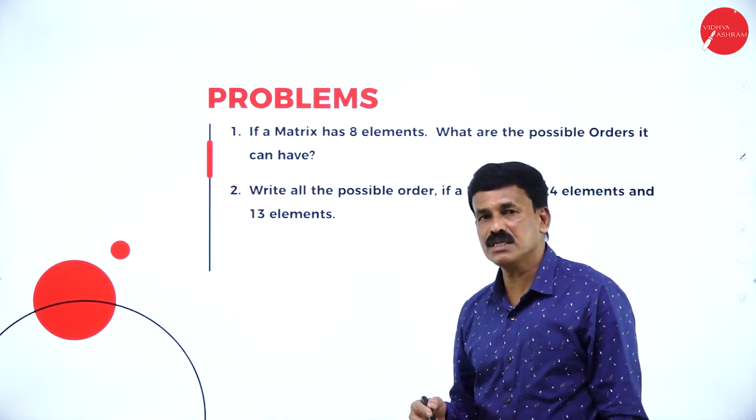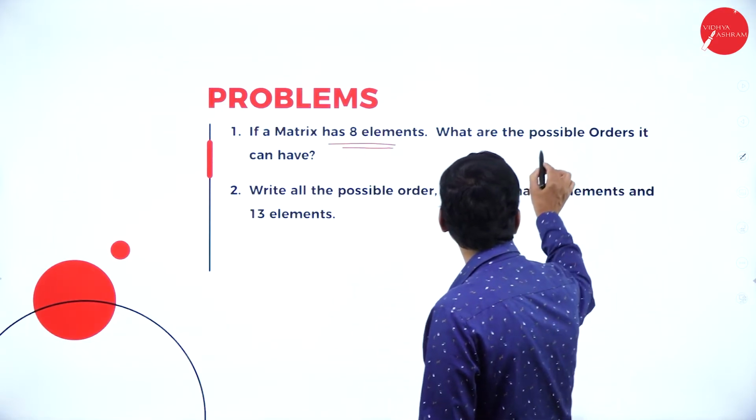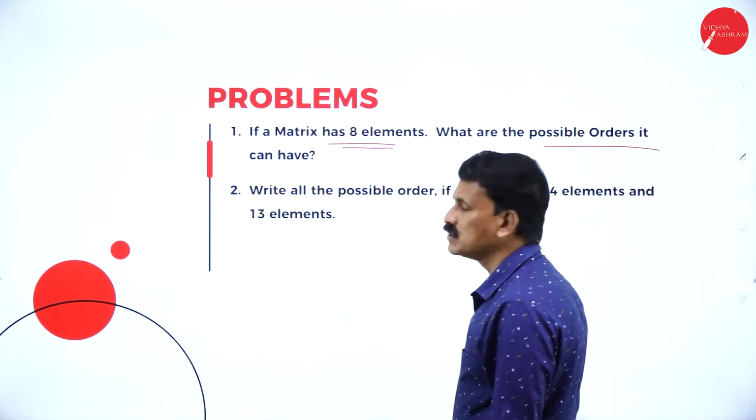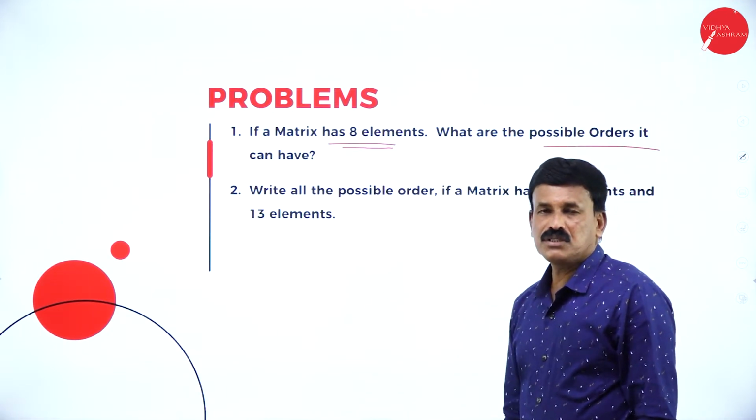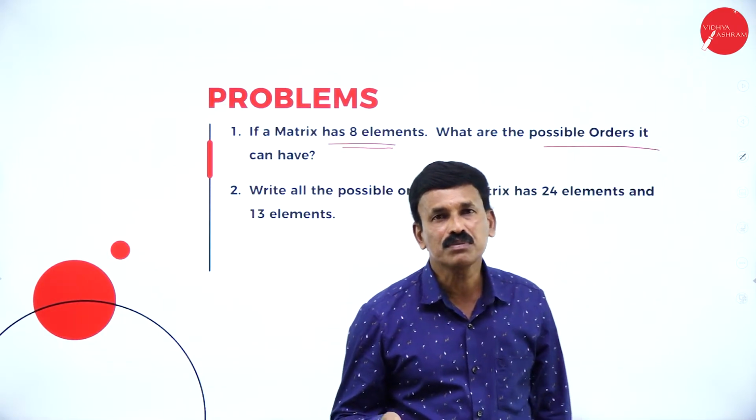In the examination they may ask like this: if a matrix has 8 elements, what are the possible orders it can have? Actually, I told you just now that the order of a matrix determines the number of elements present in it.